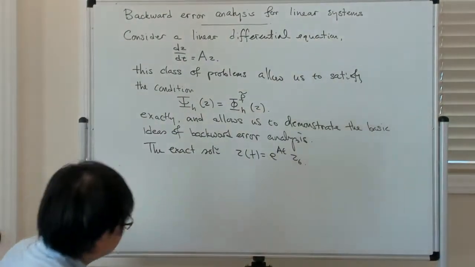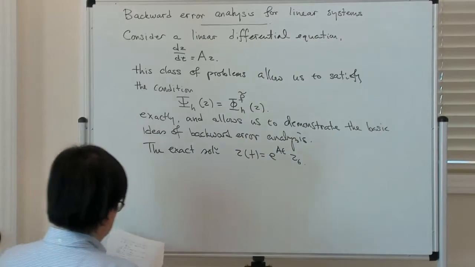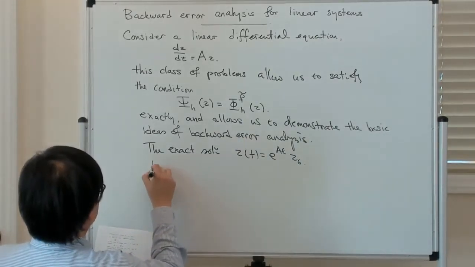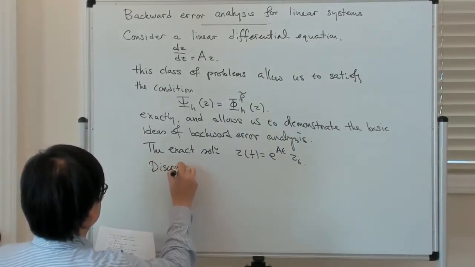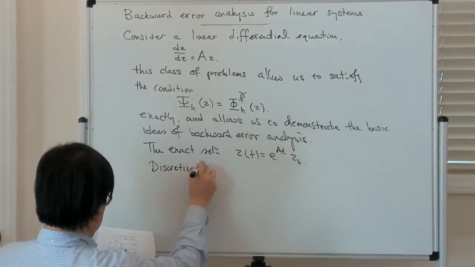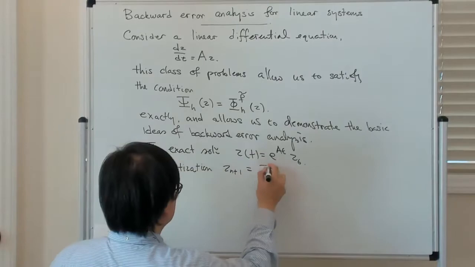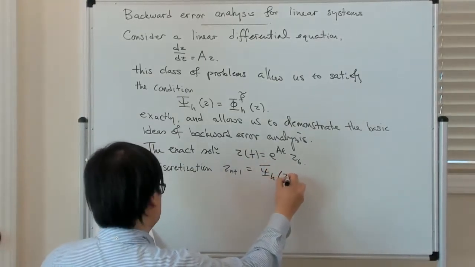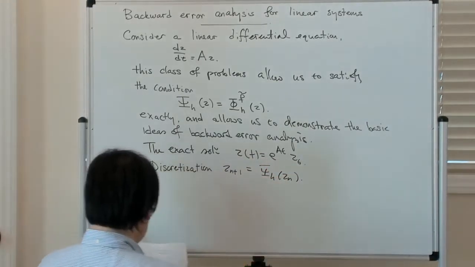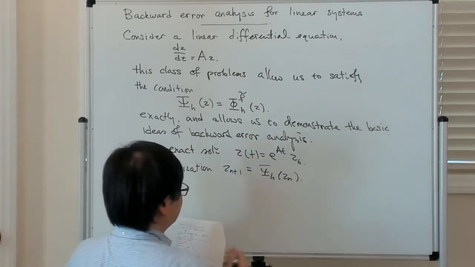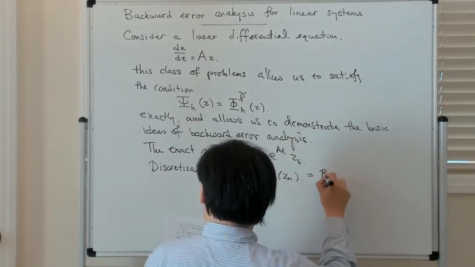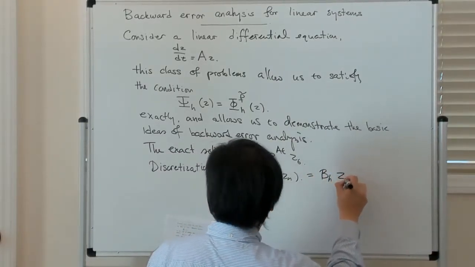And then you have a discretization, let's say z_{n+1} is equal to this numerical one-step method applied to z_n, which is in general some matrix, let's say B, which depends on h, applied to z_n.